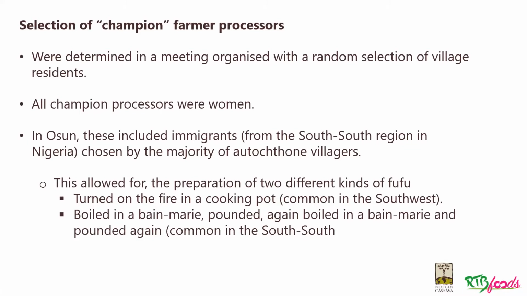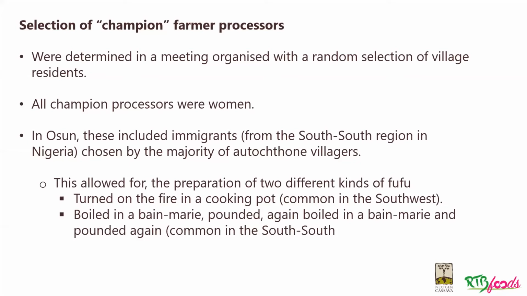So then the selection of the champion processors that worked on a mother trial. We determined in a meeting organized with a random selection of village residents, we asked around who were known to be very good processors. And we ended up also with only women processors. Interestingly enough, 2 of those processors were immigrants from the South region, where they make all other kinds of products as well.